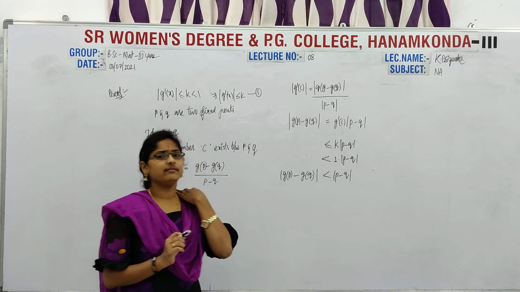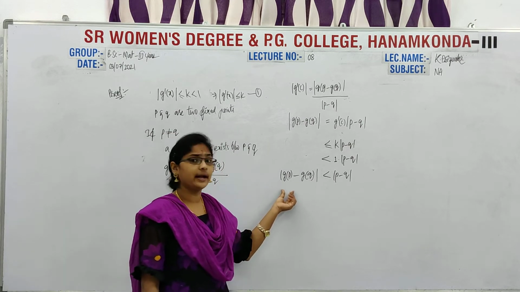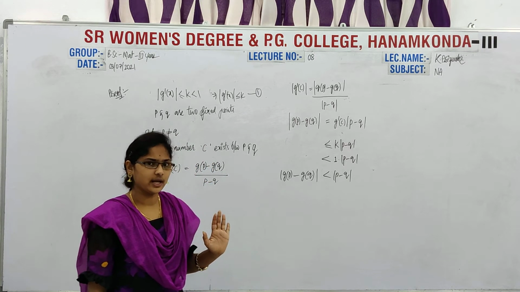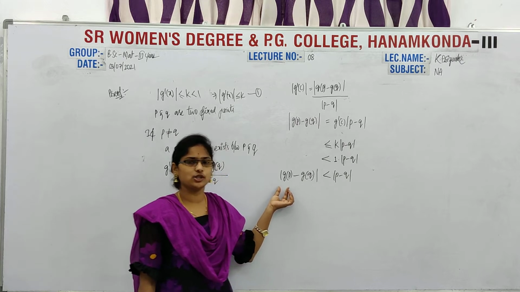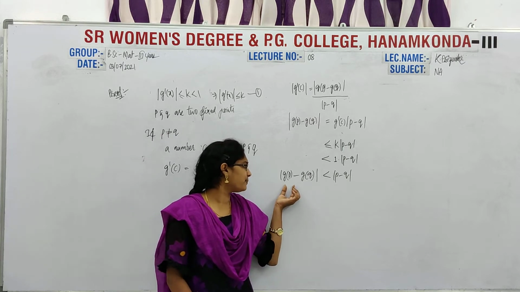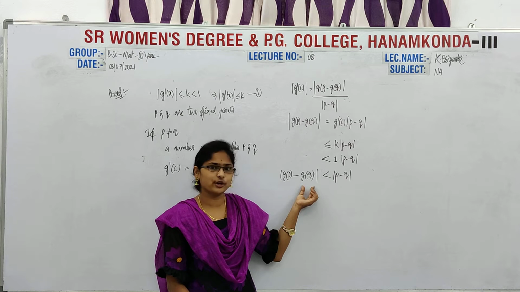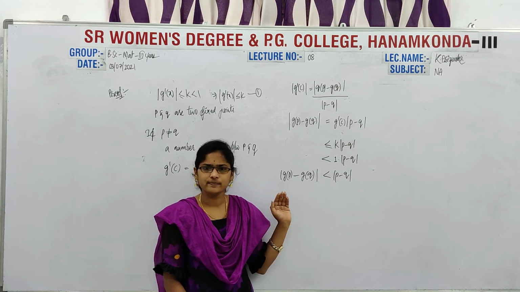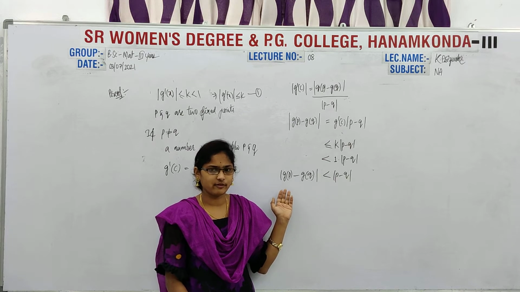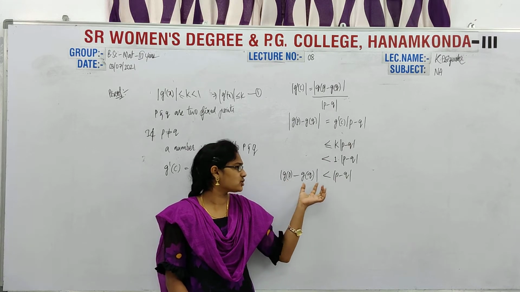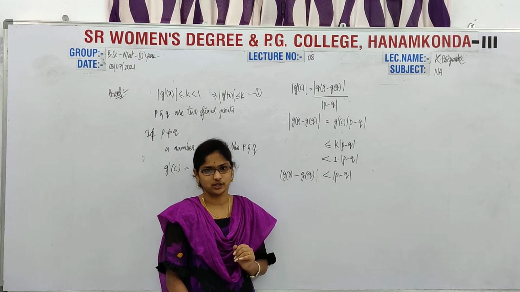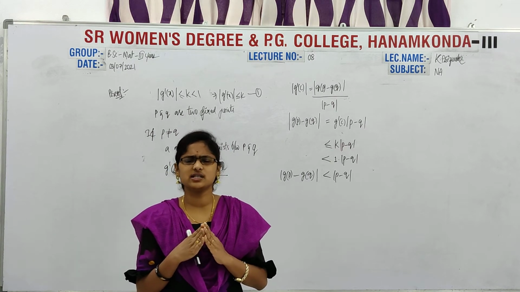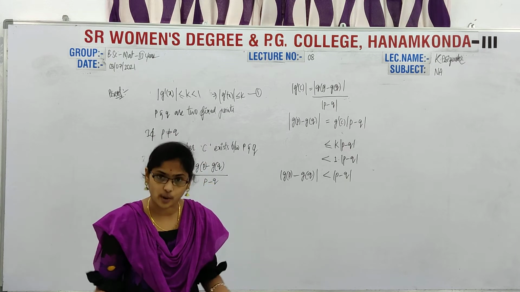So here we are taking the difference of this one, G of P means generally P. By using the definition of the fixed point, G of P means P, G of Q means Q, so modulus of P minus Q is less than modulus of P minus Q. Is it possible? So here we are getting an inequality which is not possible.